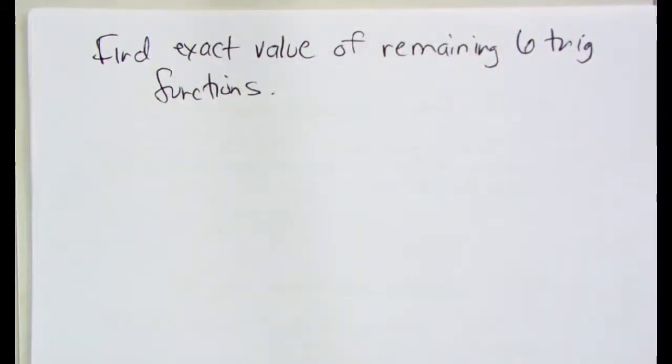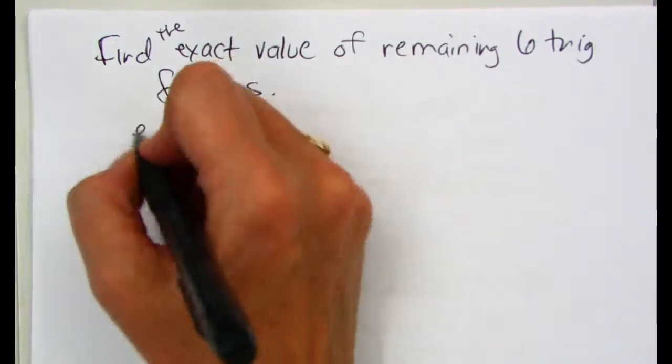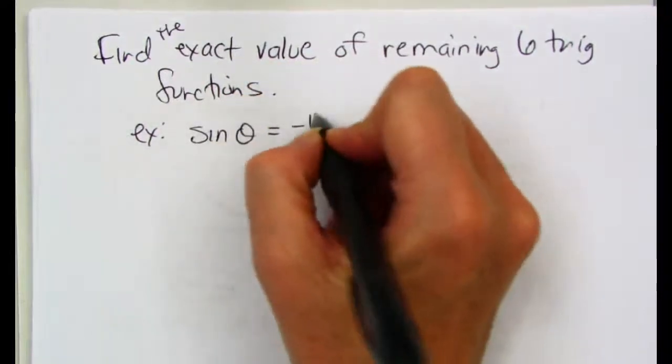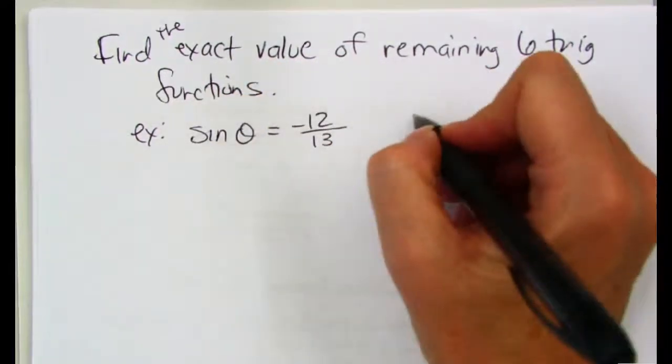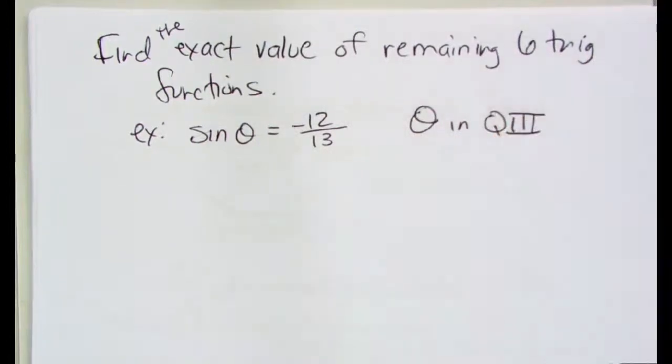Find the exact value of the remaining 6 trig functions. So I must be giving you some clues in at least one of them because it says the word remaining. So here we go. What do I want you to find?